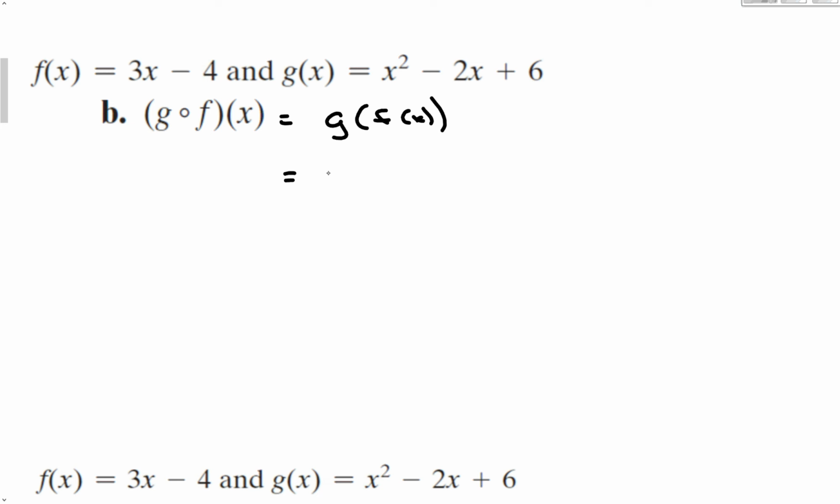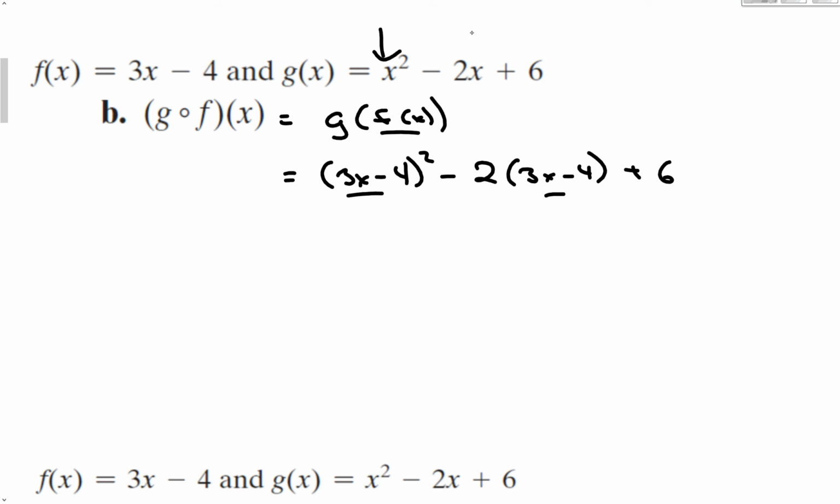So this turns into, instead of x squared, 3x minus 4 squared minus 2 times 3x minus 4 plus 6. Instead of the variable x, I write the function f of x. So these x's get replaced with that. And now I just simplify.